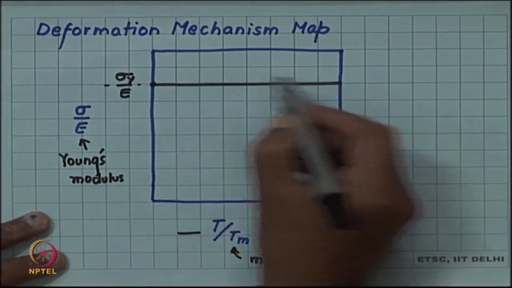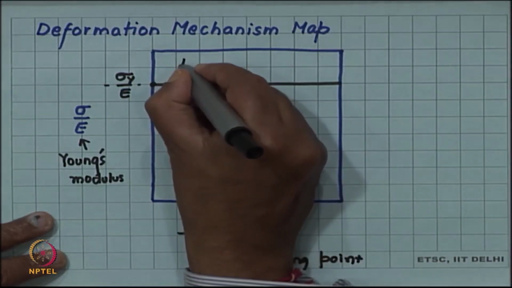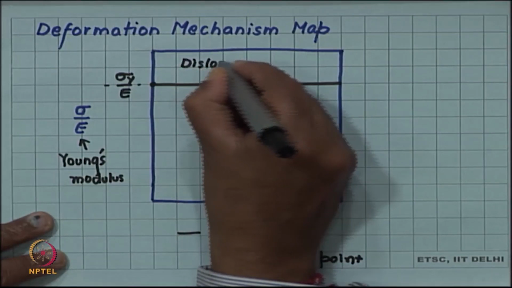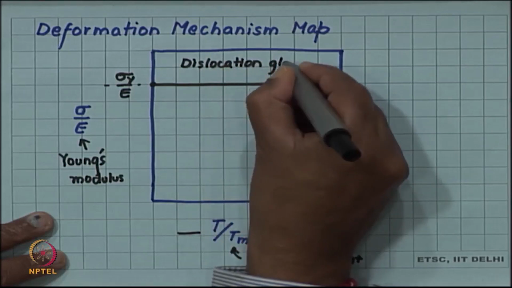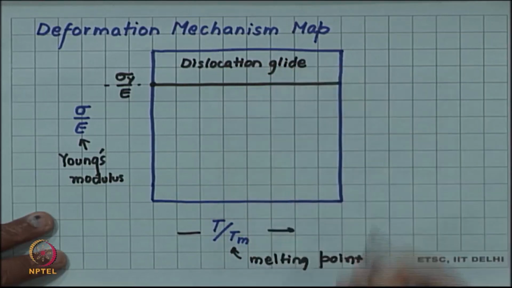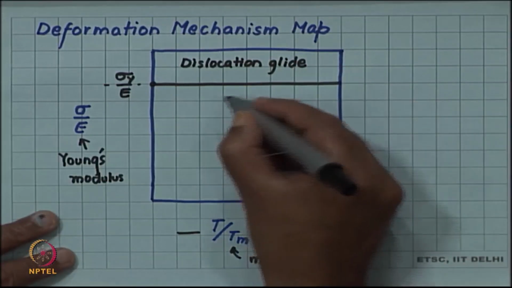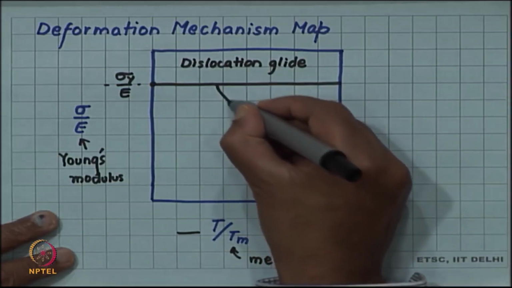At that yield stress you will have a plastic deformation. So, this will be due to dislocation glide. Then at lower temperature you have different regimes.